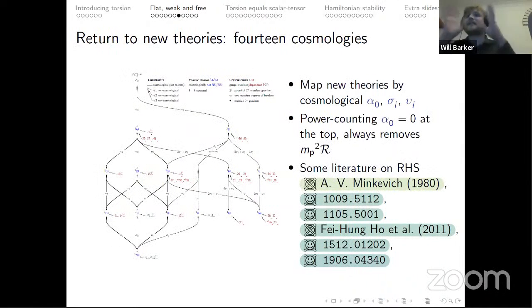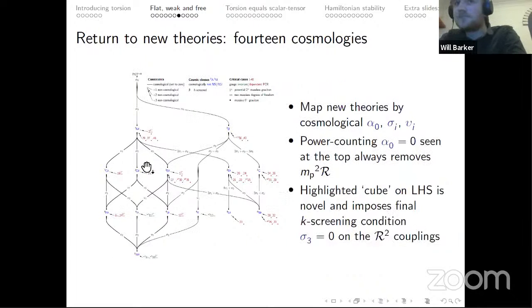But in the meantime, we can basically map all of the theories that we had into different cosmologies based on these new couplings. We find on the right-hand side that we discover some results from the literature. On the left-hand side, this sort of cube shape of new cosmologies, these have not been considered before. And the other thing about these new theories is they all have this property of eliminating the spatial curvature.